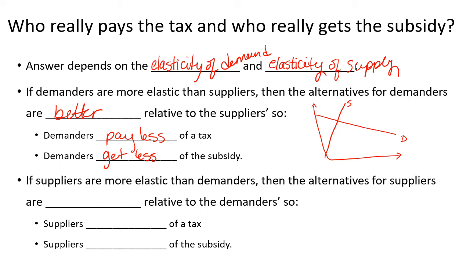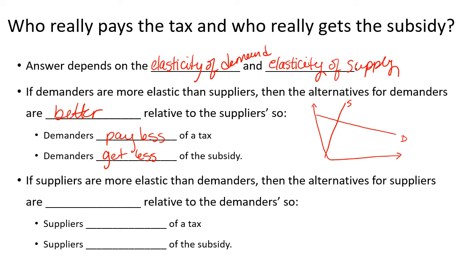So the more elastic one in this case is demand, and therefore they don't have to stick around in the market when it's taxed, and so they can leave the market instead and therefore have a lower tax burden. However, also because they're not as captive of an audience, they also could leave in the case of a subsidy or find other alternatives so they don't get as much of a subsidy as well.